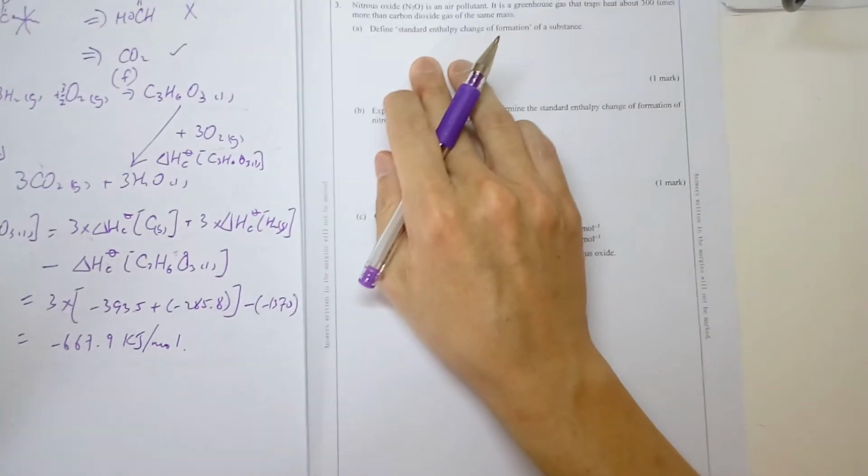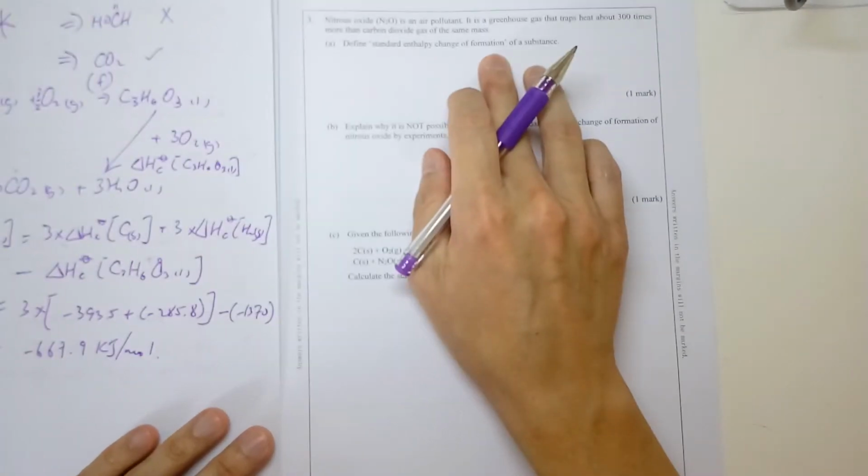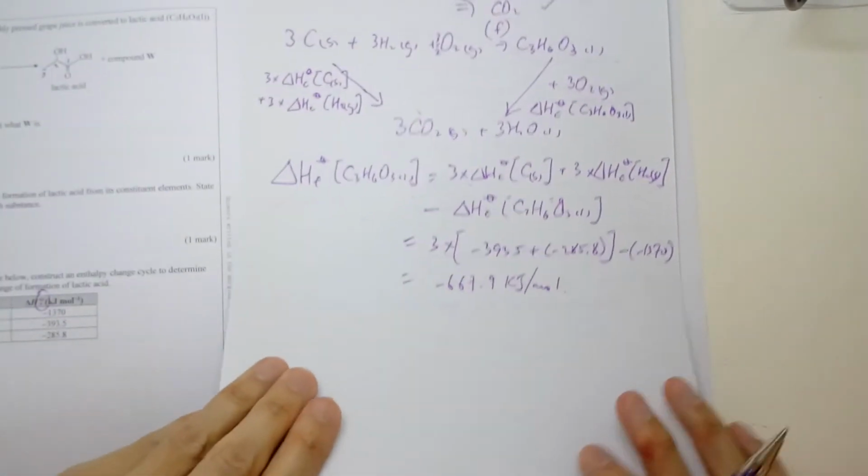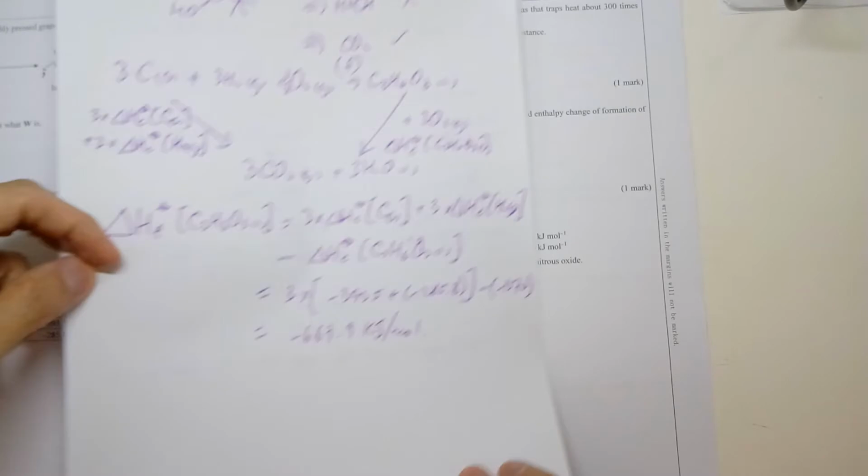Next, question 3. Define the enthalpy change for the formation. Well, you get the idea. You can copy the definition from notes.